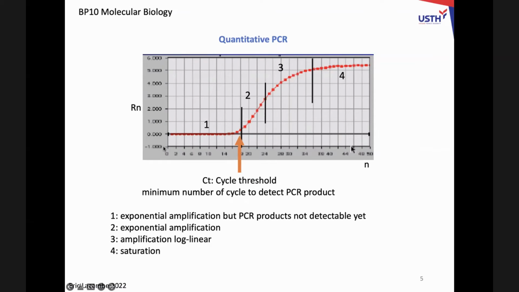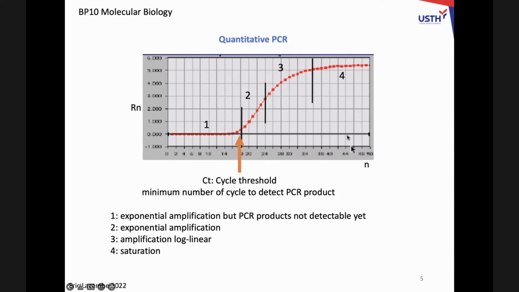Okay, so first of all, we don't see anything for quite an important number of cycles. This is part number 1 of the curve. There is exponential amplification, but we cannot detect the PCR product yet, because I will explain just after. You see this black line here.